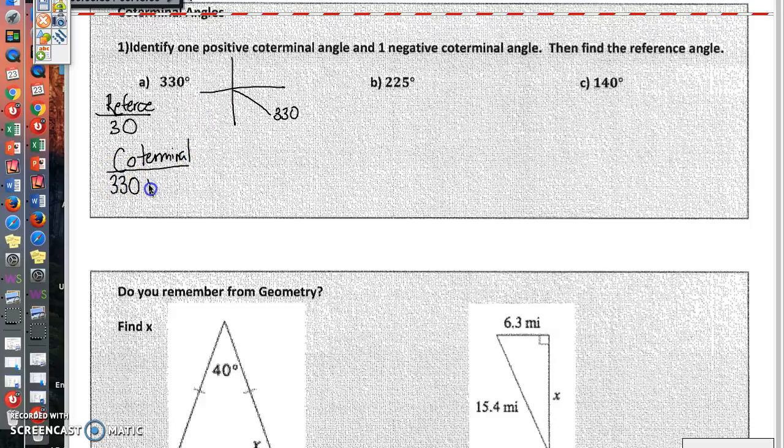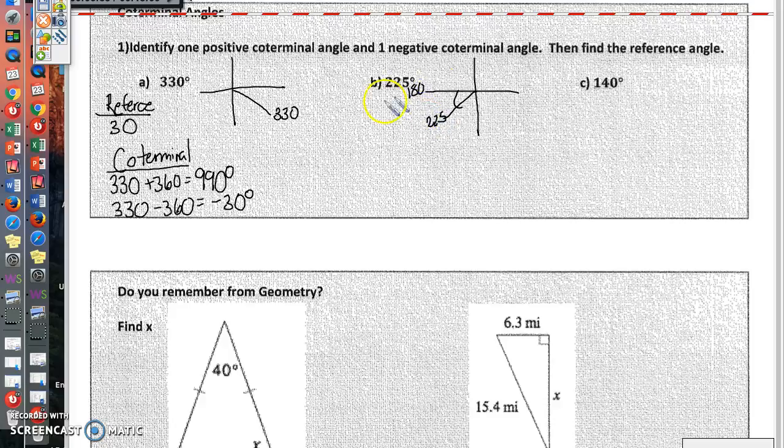So 330 plus 360 would be 690. And then we could do 330 minus 360 for our negative, which would be negative 30 degrees. So let's see, 225 right down here. So 180 to 225.